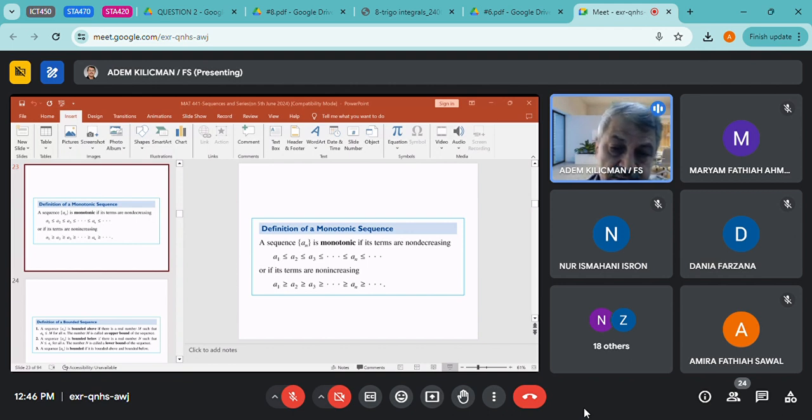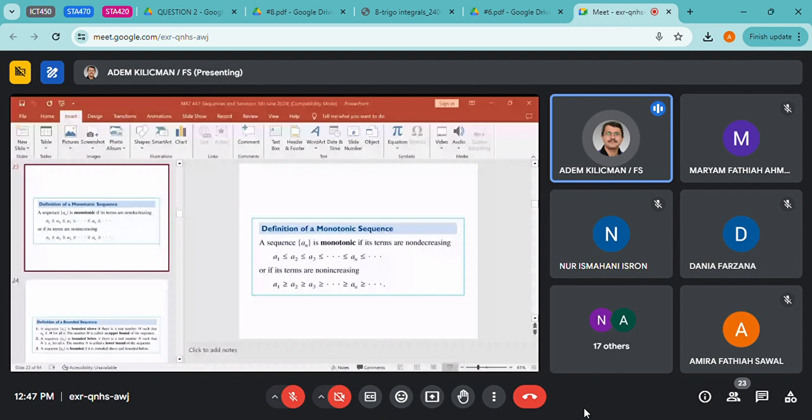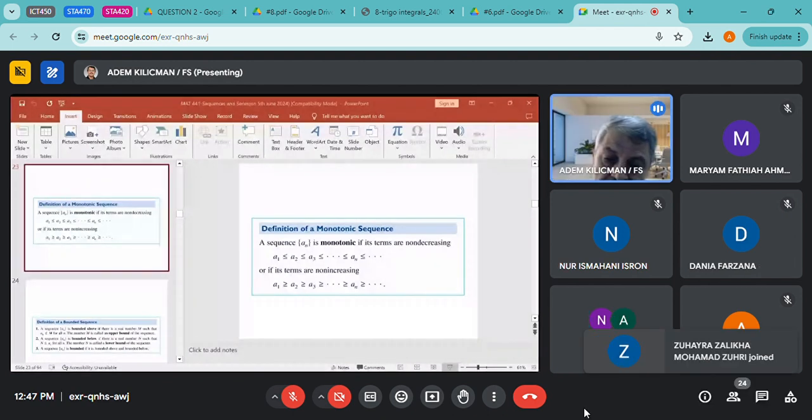Now, in summary, if a_n is bounded from above and below, then a_n is bounded, as we have studied in the previous slides. If a_n is not bounded, then it is called unbounded. Later on, we will see the relationship between convergence and this concept.